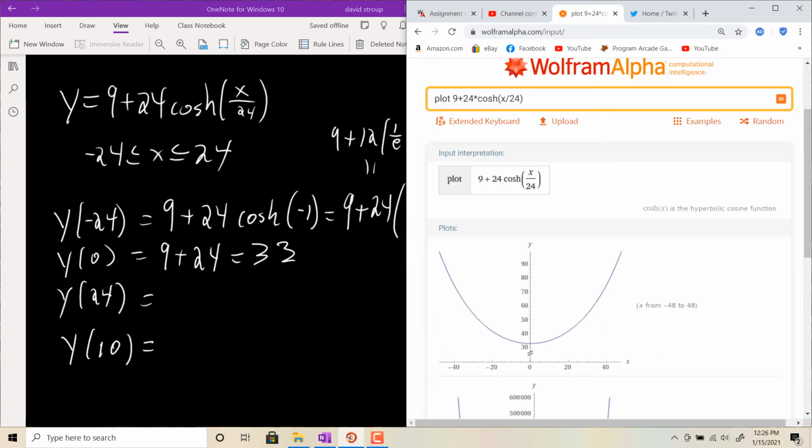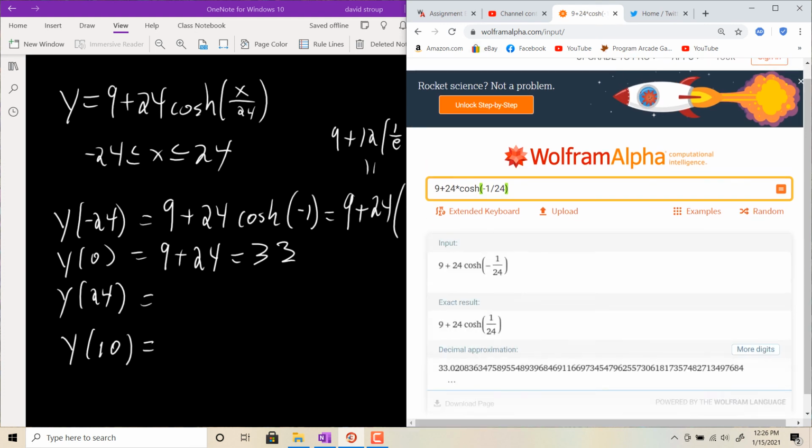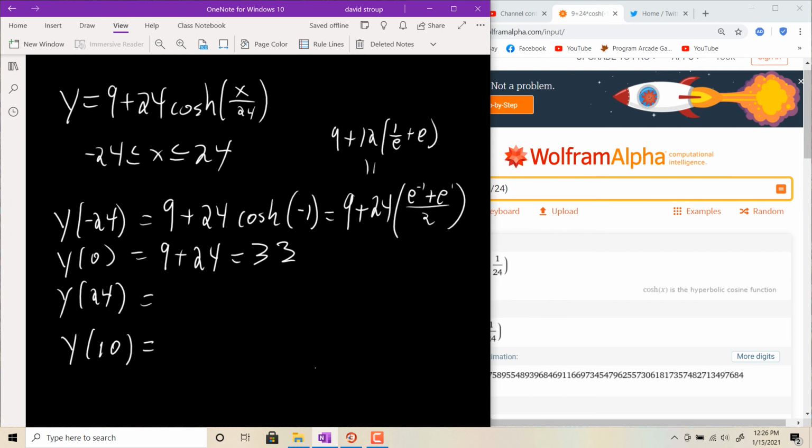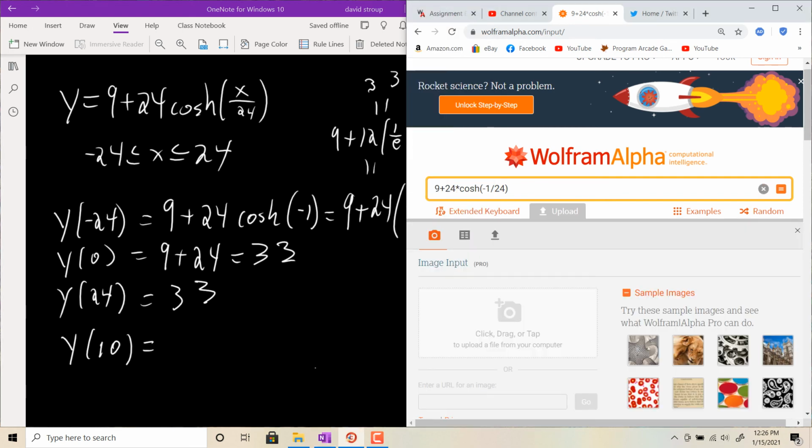Well, you could plug in negative 1 and 1 if you want. So you plug negative 1 in there and figure it out. 33. Okay, so y of negative 24 is 33, and of course y of 24 will also be 33.